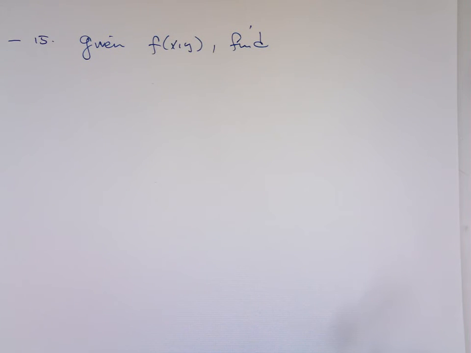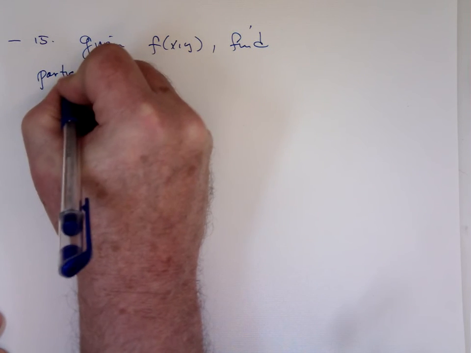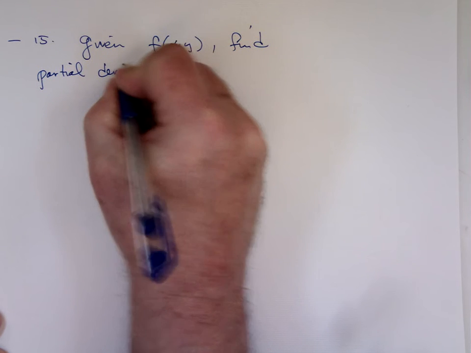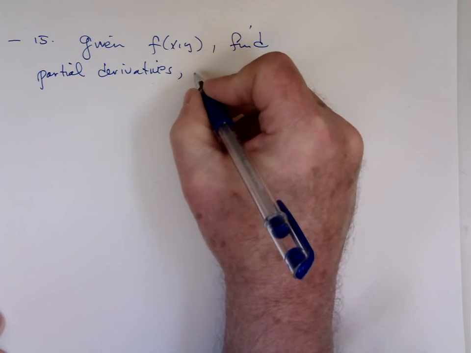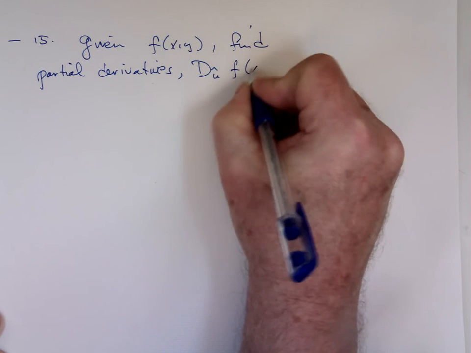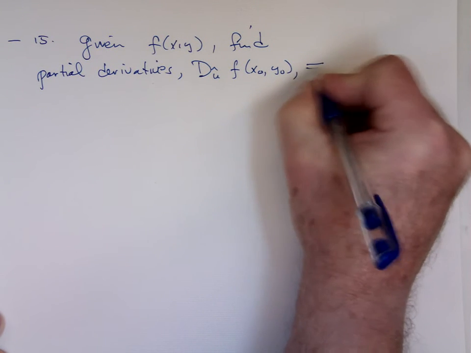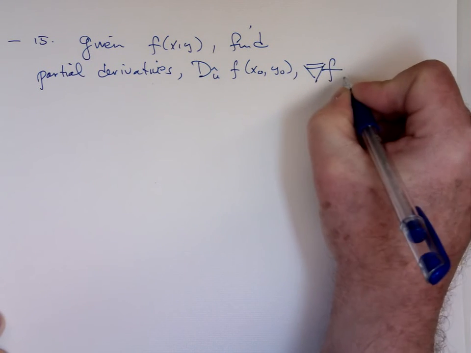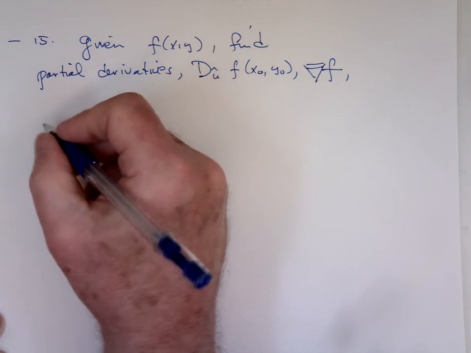Things like partial derivatives, directional derivative, gradient, a normal vector.